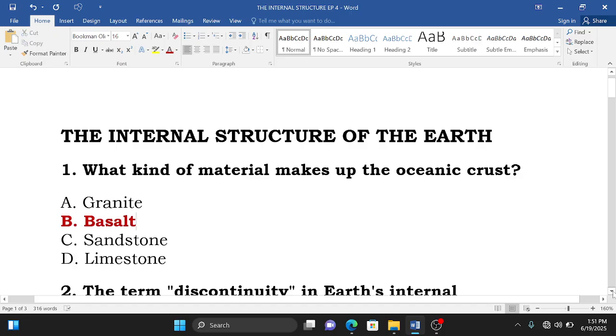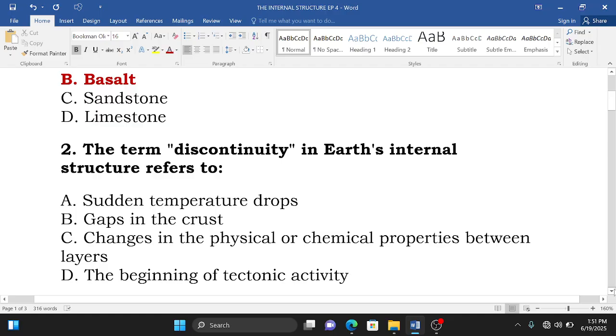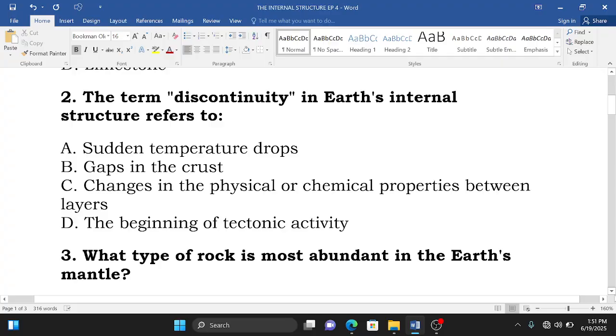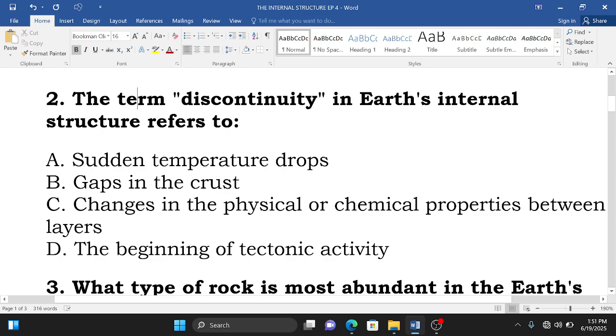We go to question number 2. The term discontinuity in the Earth's internal structure refers to: A, sudden temperature drops; B, gaps in the crust; C, change in the physical or chemical properties between layers; D, beginning of tectonic activity.